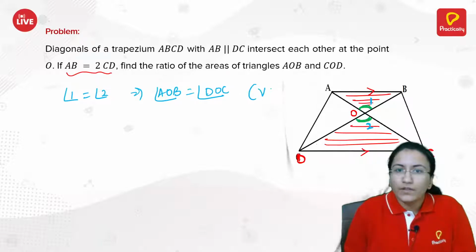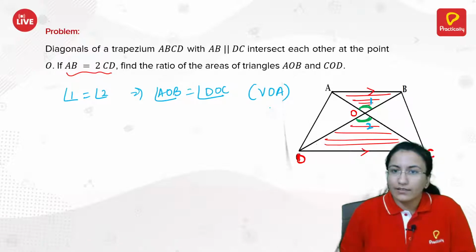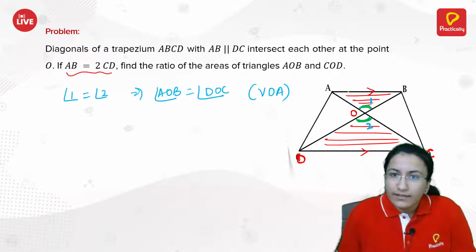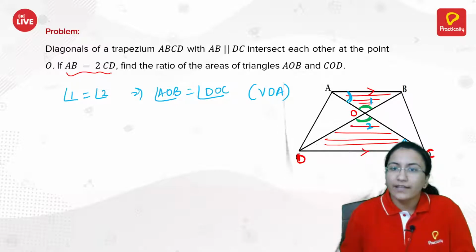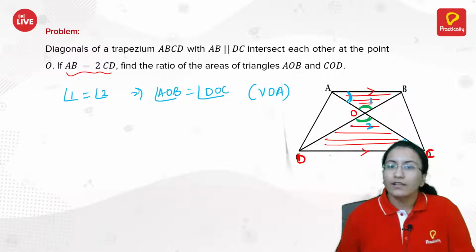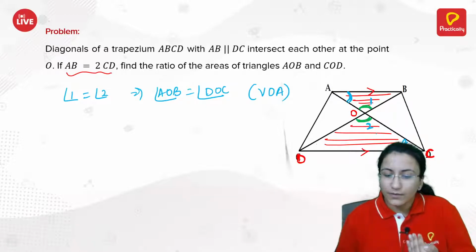Why equal? Because these are vertically opposite angles. Next, this angle is equal to this angle. Why? Because AB is parallel to CD, that means alternate interior angles would be equal.